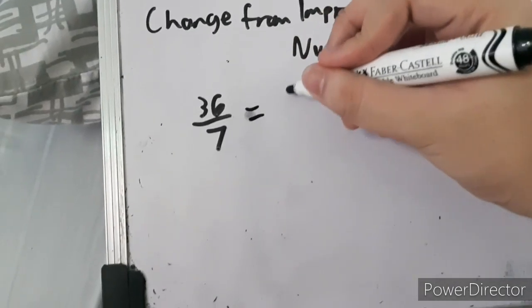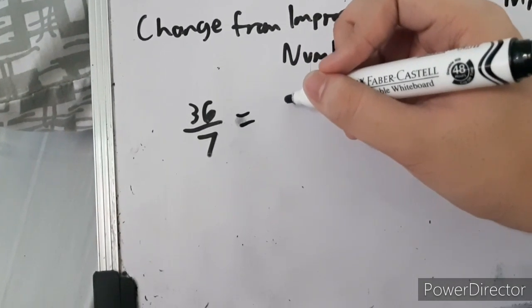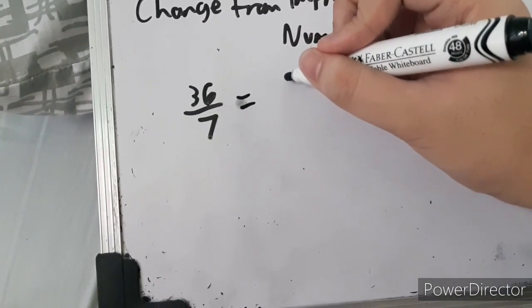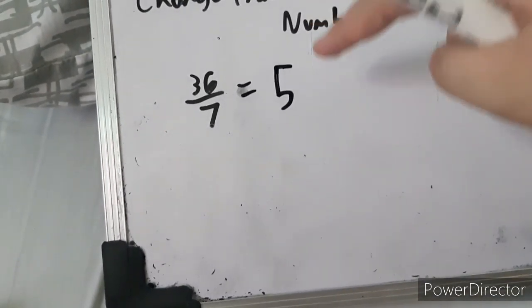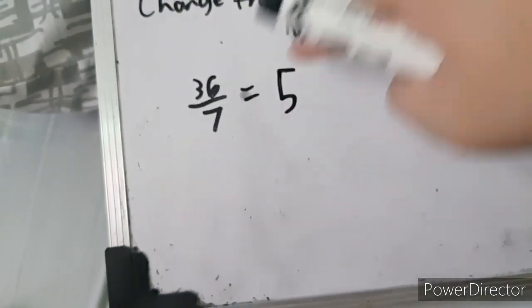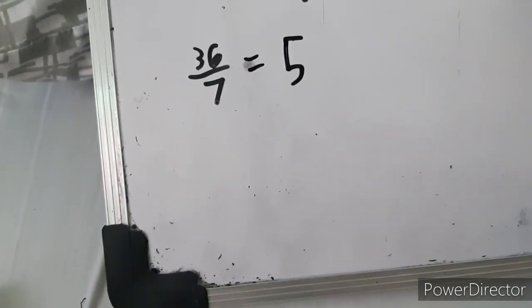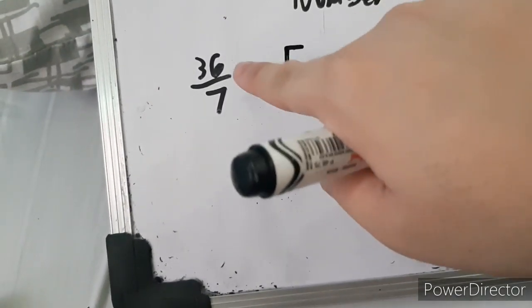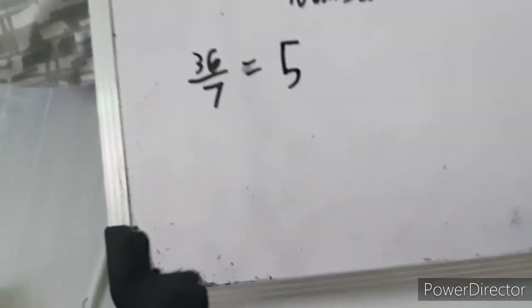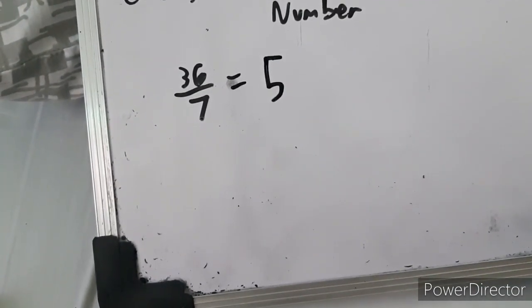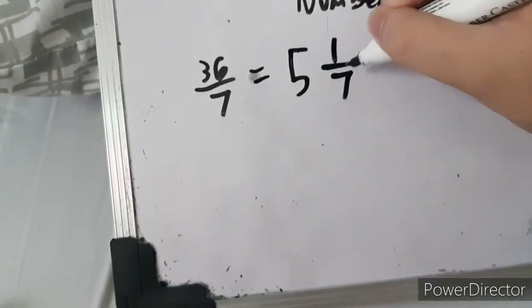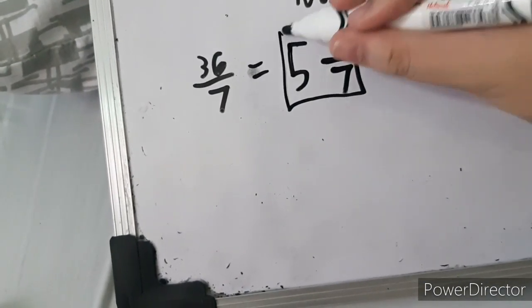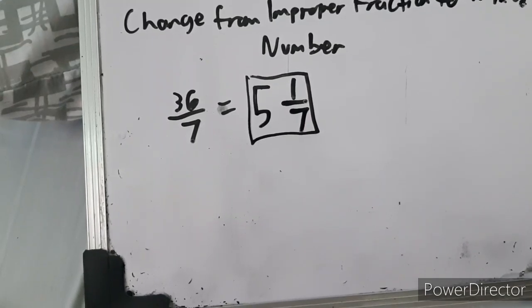Kasi, di ba, 5 times 7 is 35. So, lagay mo dyan 5. And then, subtract mo 36 minus 35. So, ano matira dyan? 1. So, 1 over 7. So, yan ang pinaka-final answer.